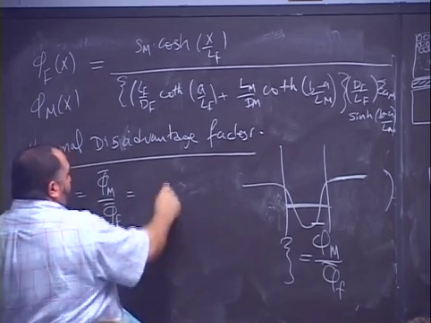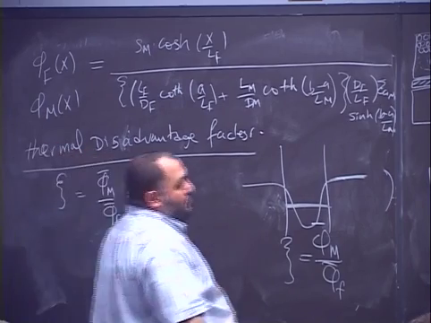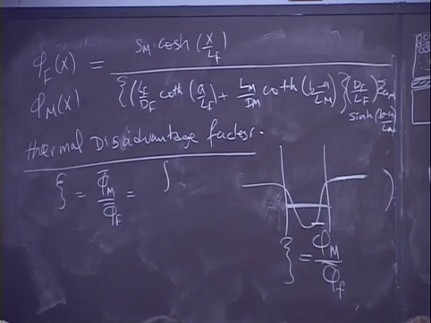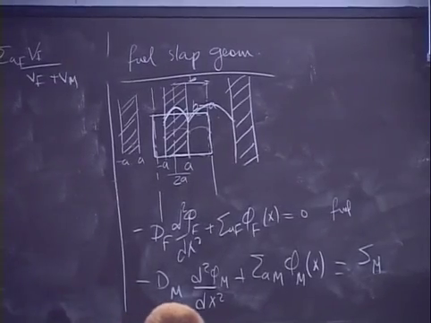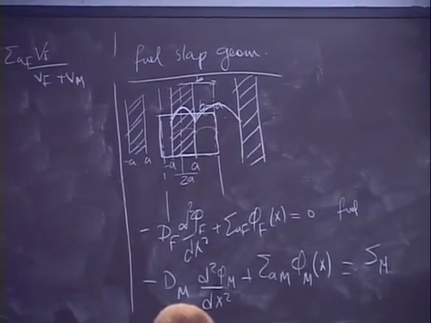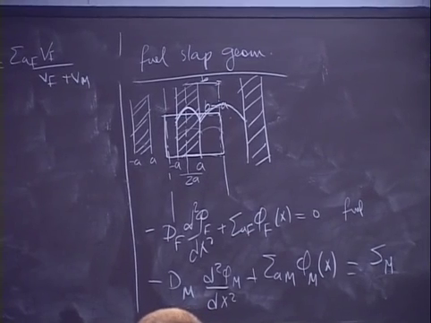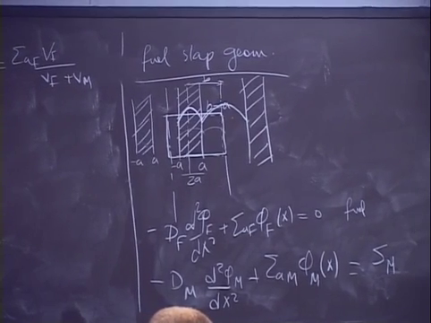So now you know that your fuel goes from 0 to A, and your moderator goes from what? 0 to B, but it's not from 0 to B, it's only from B minus A to B. Yes. So how to average?